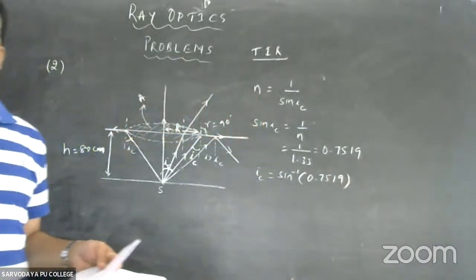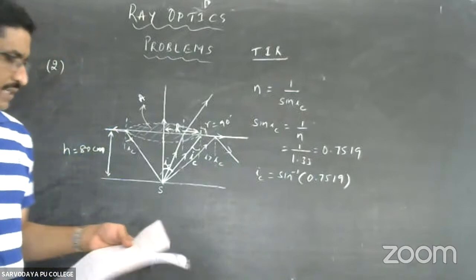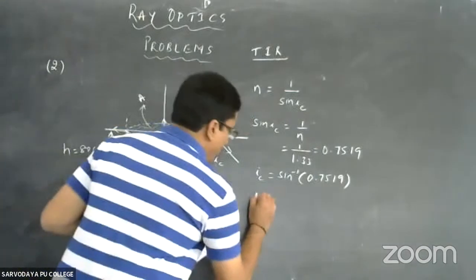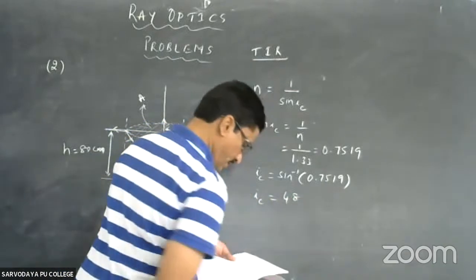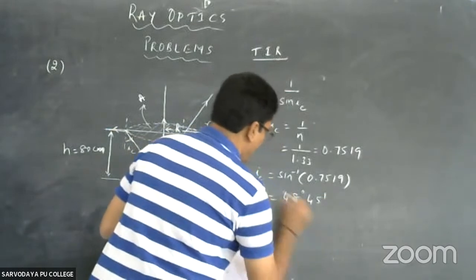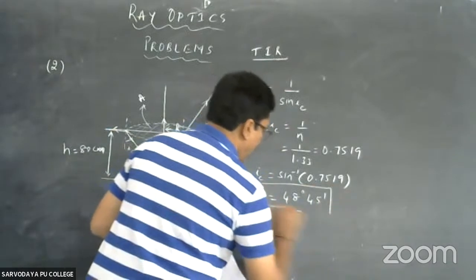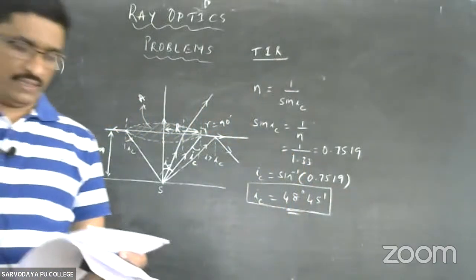If you calculate, it comes out to be 48 degree 45 minutes. So this is the value of the critical angle corresponding to water of refractive index 1.33.